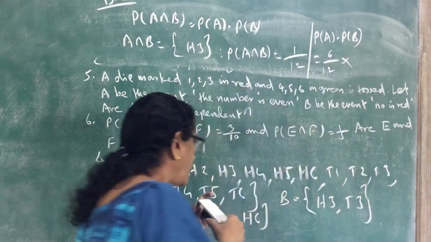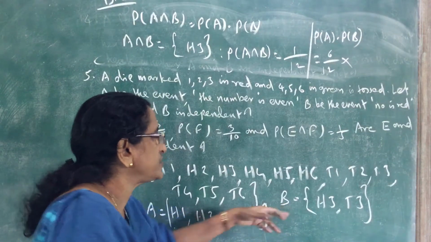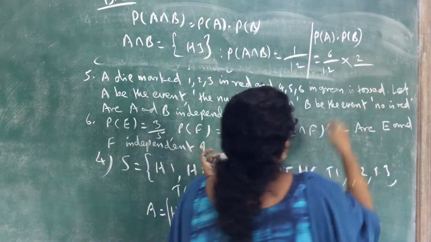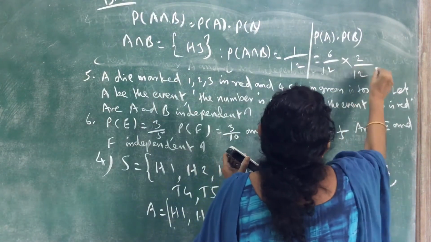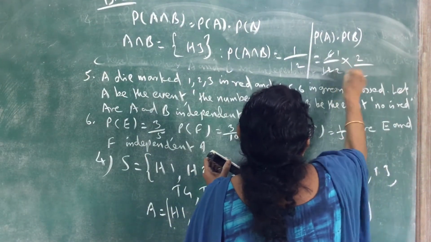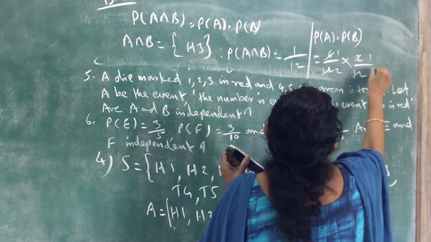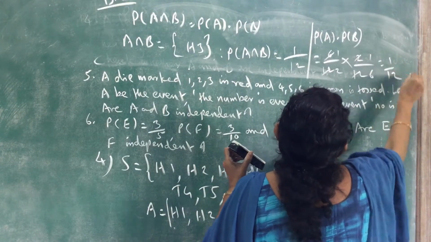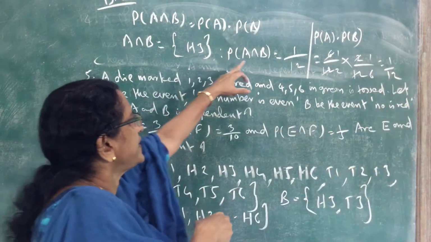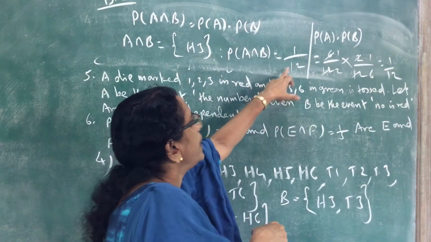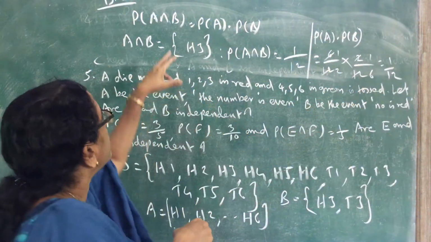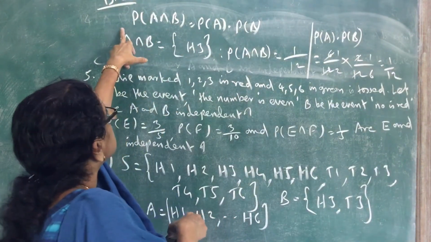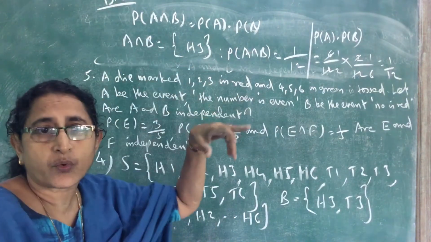Into probability of B, number of elements in B, 2, divided by the total number of elements in the sample space, 12. So that is here 1 by 2, here 1 by 6. So that is equal to 1 by 12. So probability of A intersection B equals 1 by 12. Probability of A into probability of B equals 1 by 12. Therefore, this condition is satisfied.